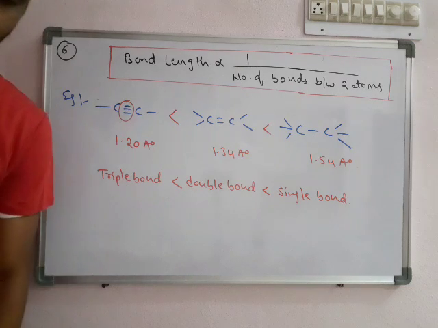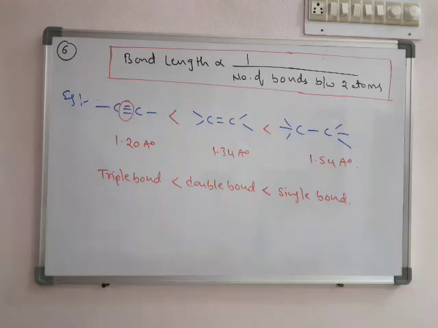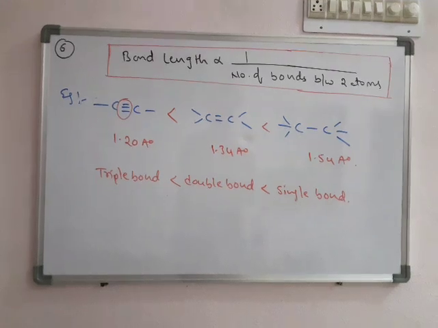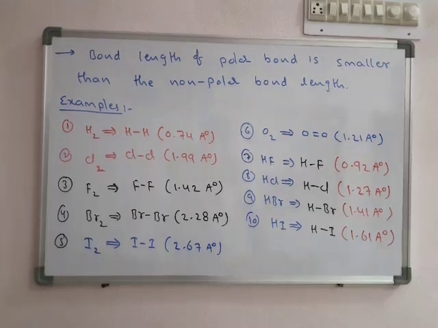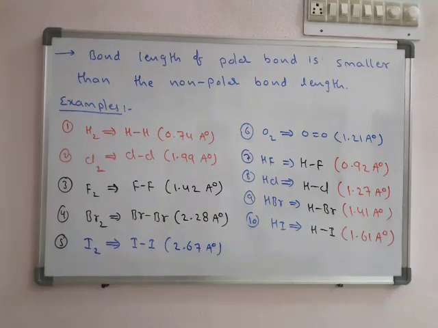So one more property is there. The bond length of a polar bond is smaller than the non-polar bond length. Polar character means the electronegativity difference is more.